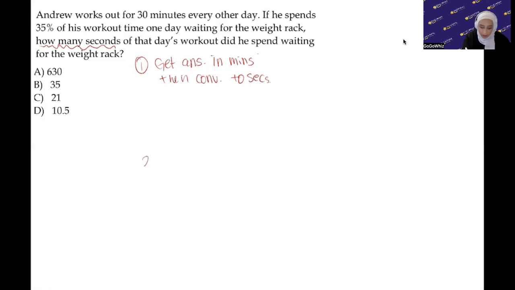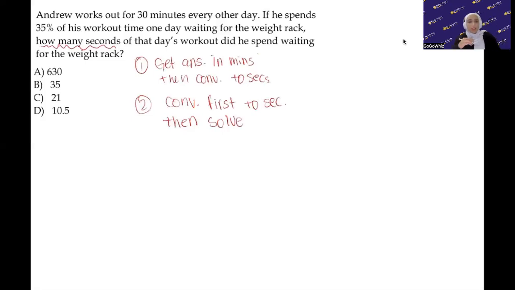The second method would be to convert immediately to seconds, then solve. The reason I personally would choose number two is because I'm very forgetful, and when I'm doing multiple choice, I kind of just want to go to the next question. You're just trying to get through the test.